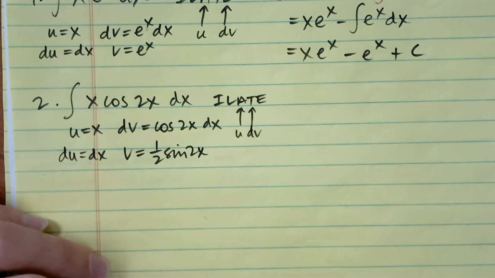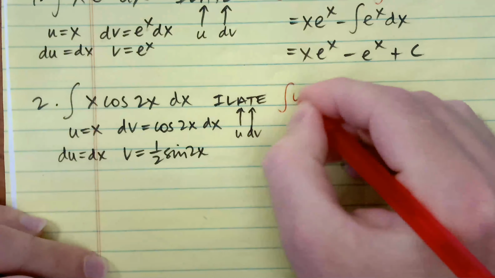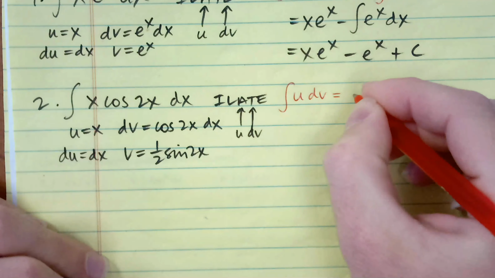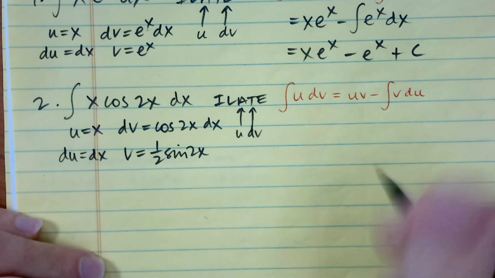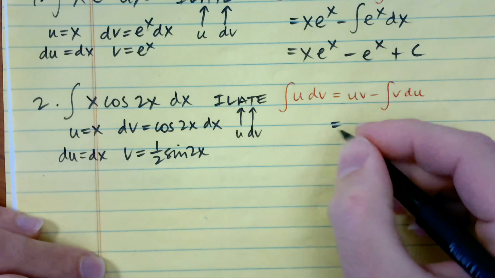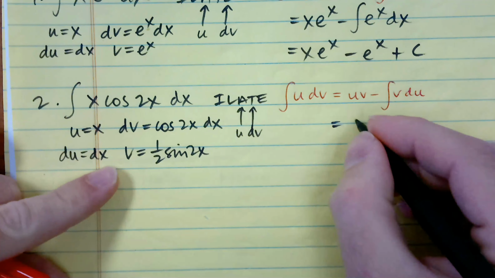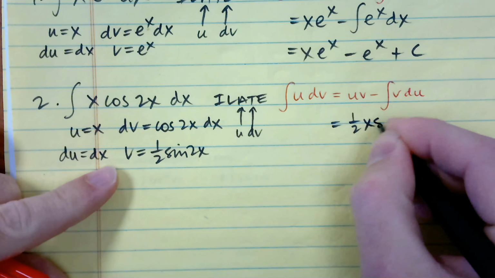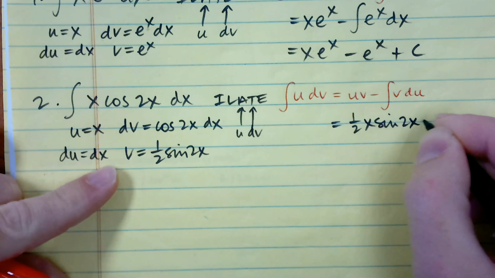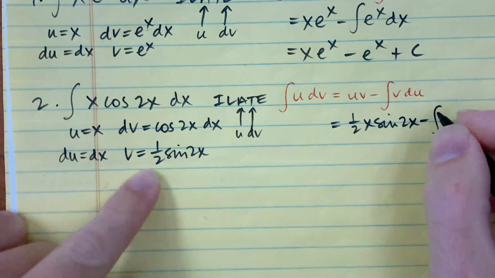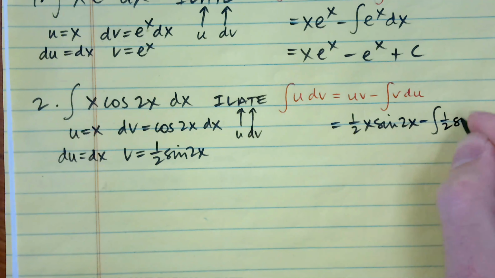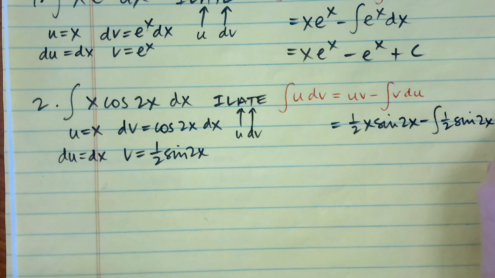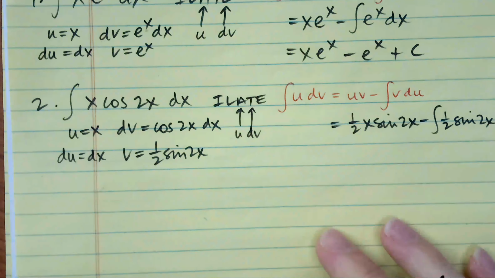I'm going to copy the formula. And under here, that's going to be equal to u times v, 1/2 x sine 2x, minus the antiderivative of v, which is 1/2 sine of 2x, times du, which is dx. That's not useful.